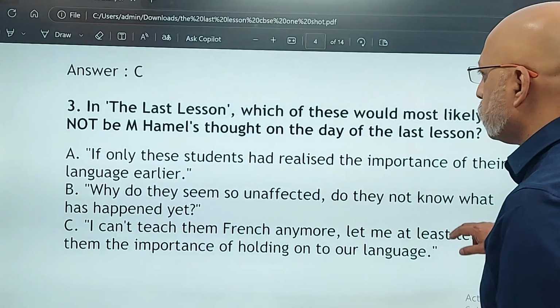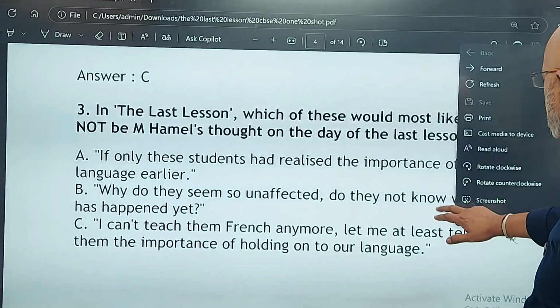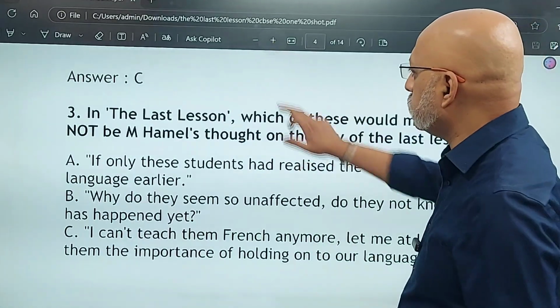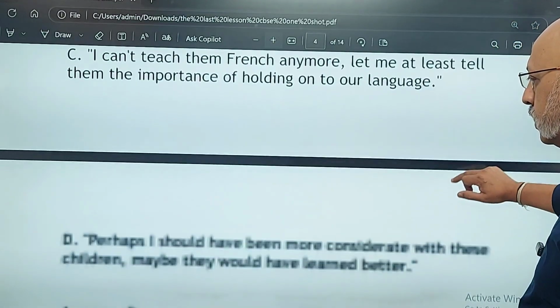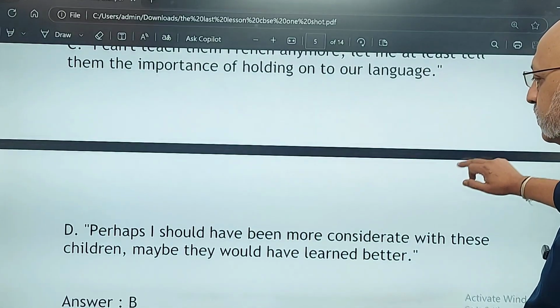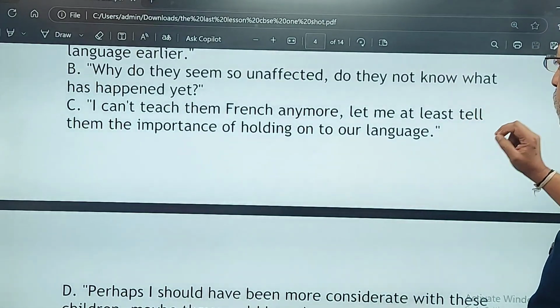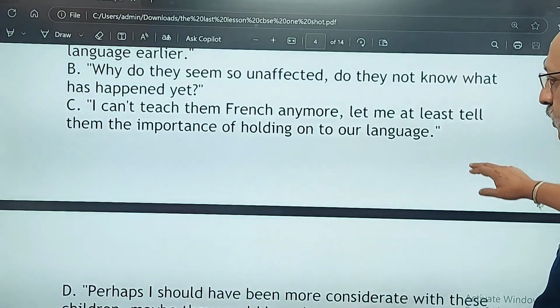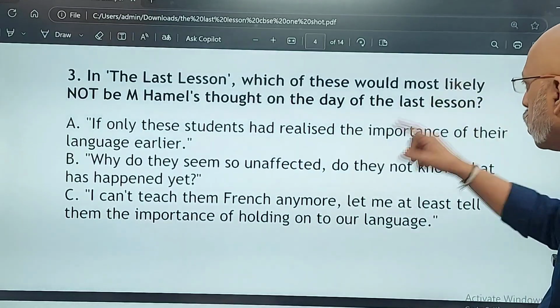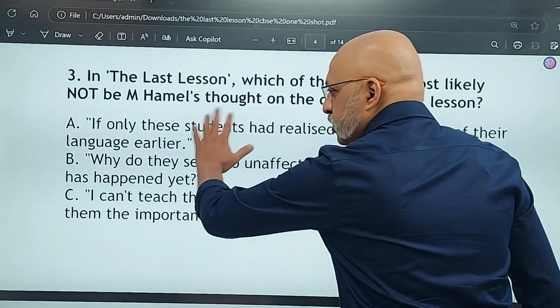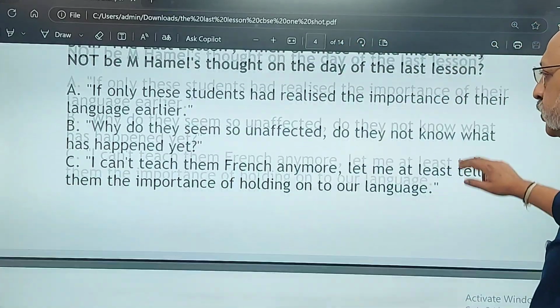Okay, sorry, I need to scroll up to show you the last option. This is the fourth option, and the correct answer is B. B is, why do they seem so unaffected? Do they not know what has happened yet? So this is something which is not on Hamel's mind, right? So option B.